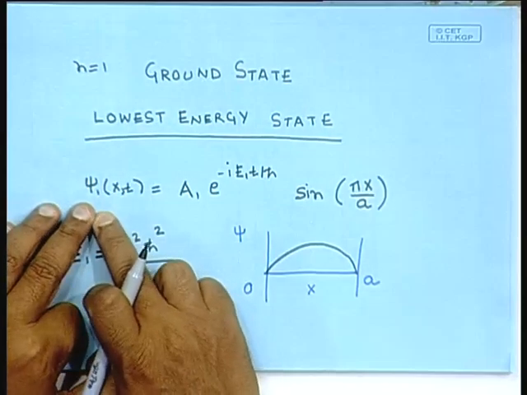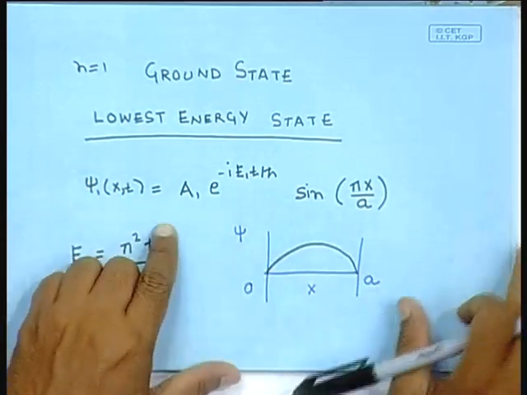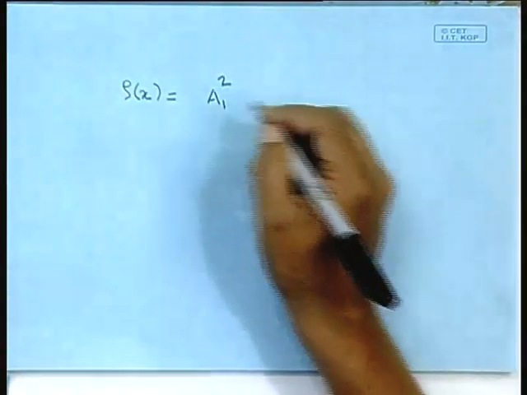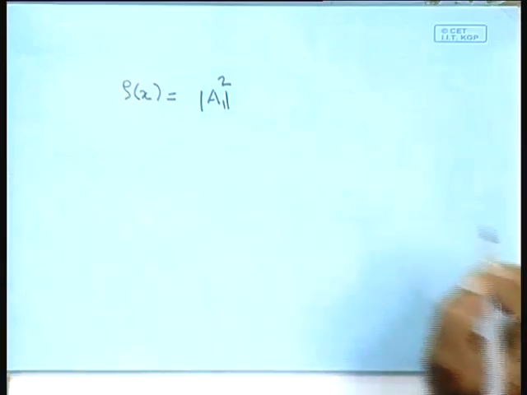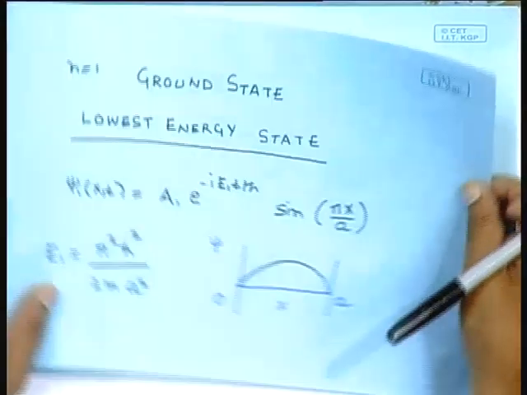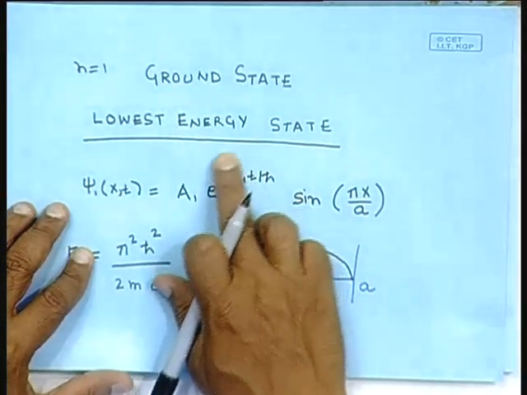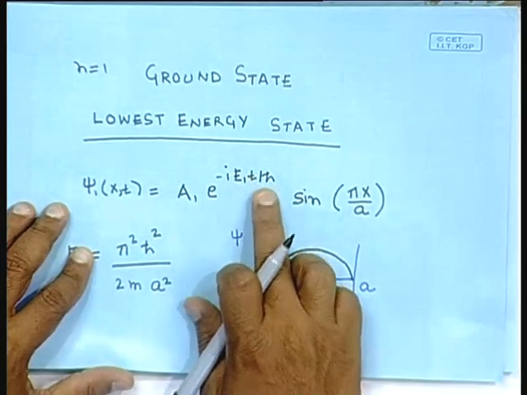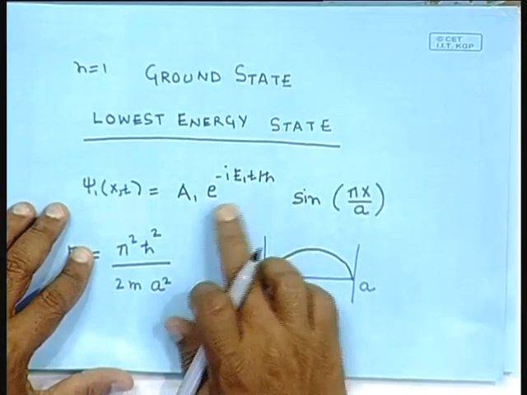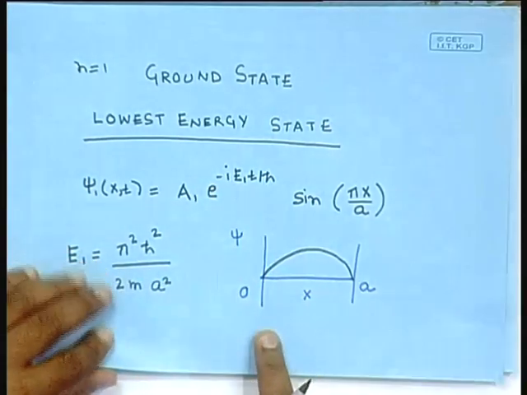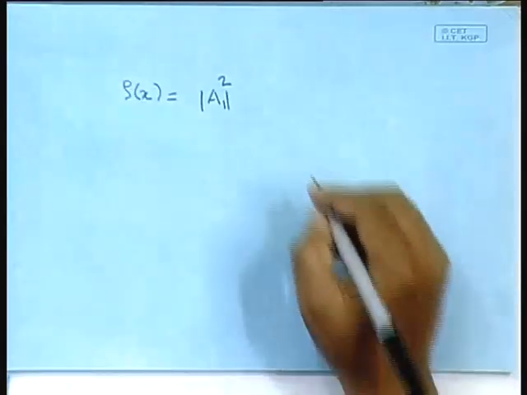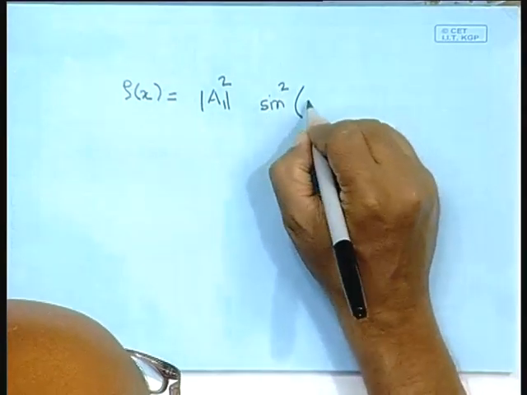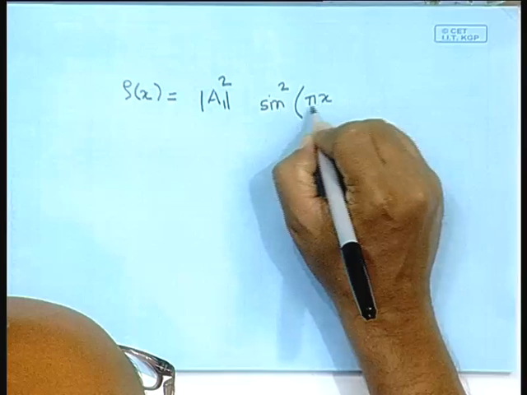So I have to take this wave function and multiply it with its complex conjugate. So I will have the mod of a1 squared, and multiplying e to the power minus i into any real number with its complex conjugate gives me 1. This phase will be gone and I will have 1. So I have this, and I have the sine square term, sine square pi x by a.